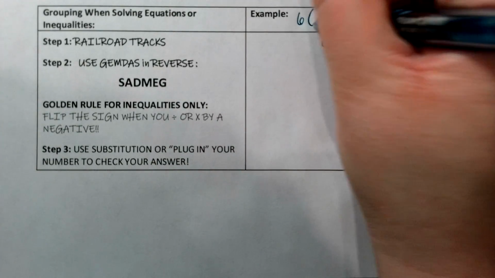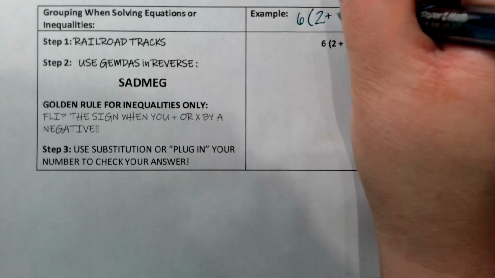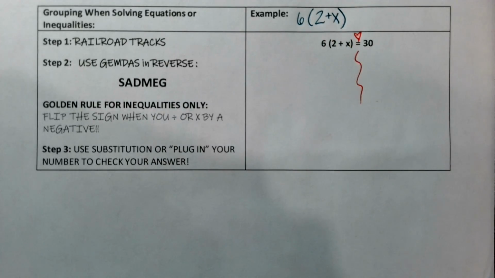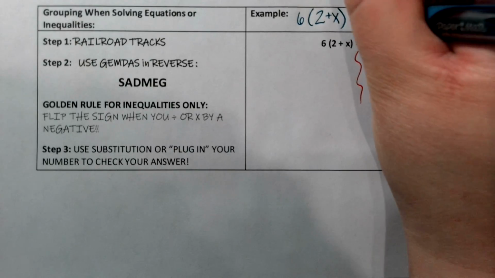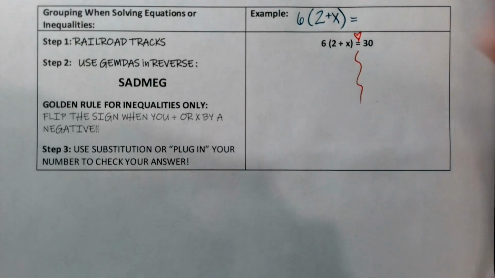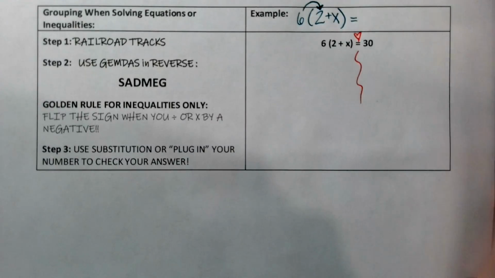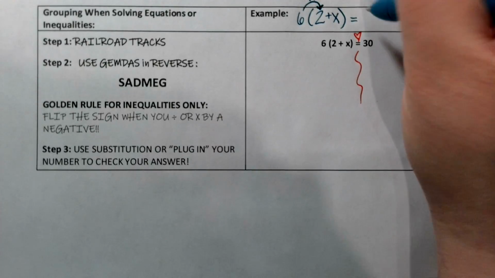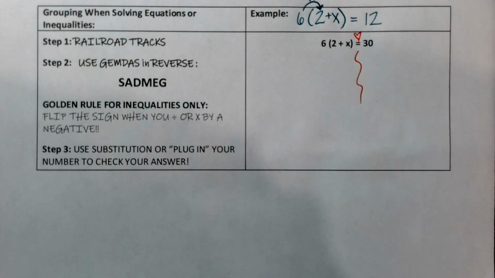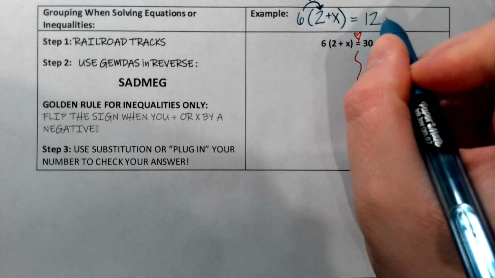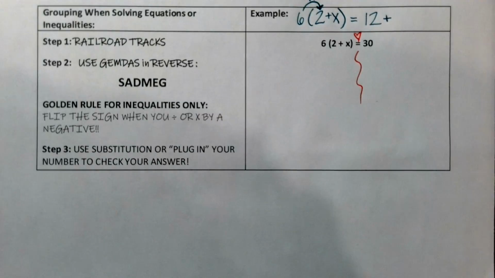So this 6 times 2 plus x. For me to distribute this, for me to simplify this, what I need to do is take 6 first times 2. What is 6 times 2? 12. And then I keep my addition in the middle.